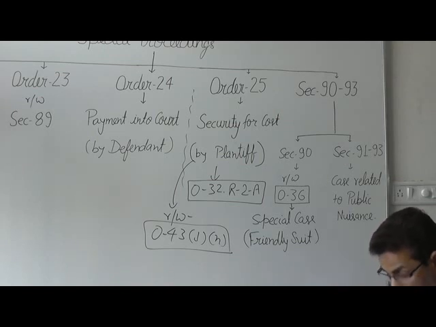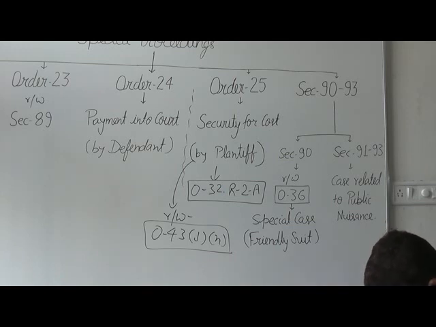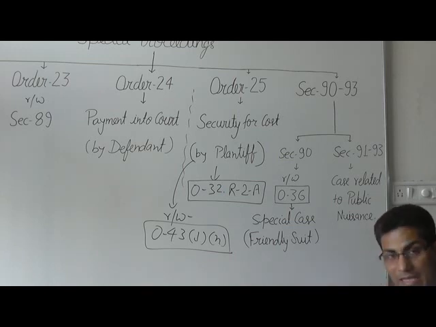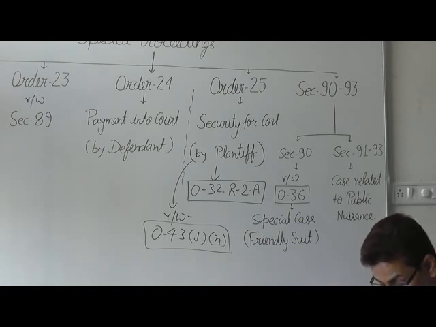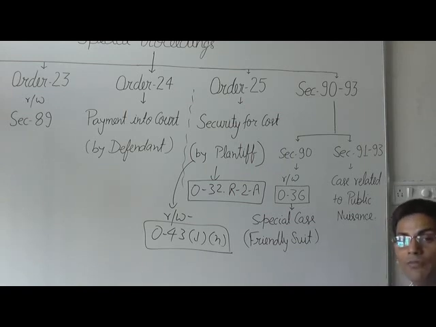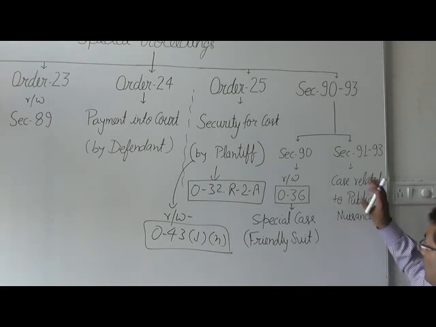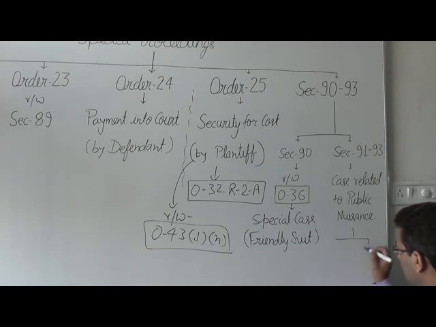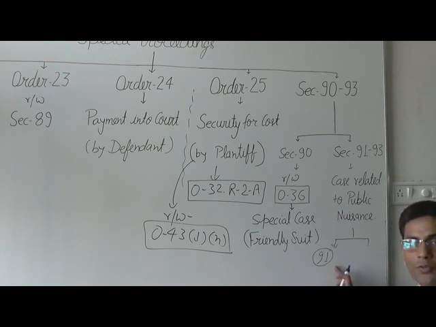And under section 93, the powers conferred by sections 91 and 92 on the Advocate General may, outside the presidency towns, be exercised, with the previous sanction of the state government, also by the collector or by such officer as the state government may appoint in this behalf. It means under section 91, a suit may be instituted either by the Advocate General or by two of the sufferers with pre-permission of the court.